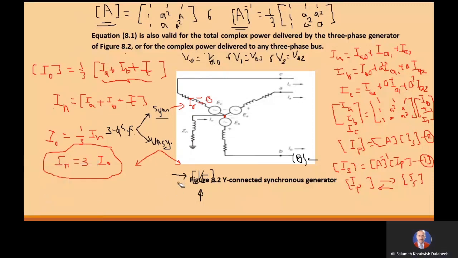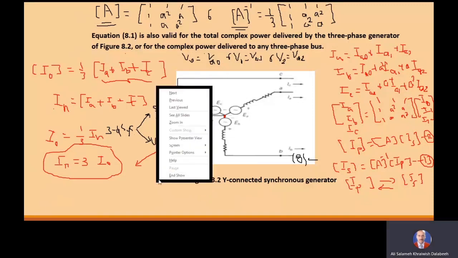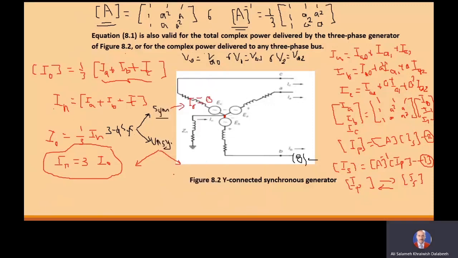The first case, the system has no neutral conductor. There is no neutral. In this case, the zero sequence current is equal to zero.